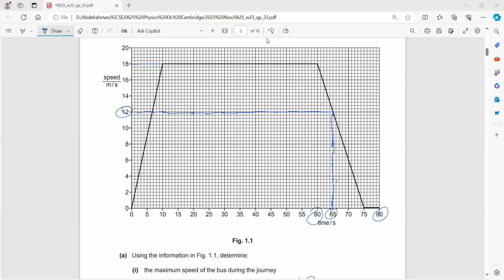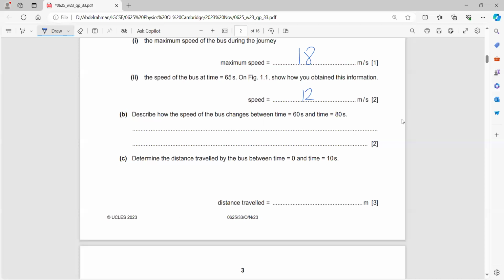Speed decreasing then stay constant or stops. Exactly, stops, not stays constant. Okay, yes, the speed decreases and then it stops. Correct. Our speed decreases, then it stops. Or the speed reaches zero, or whatever you can say.